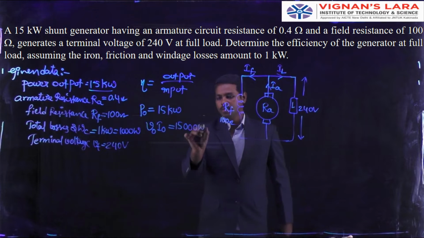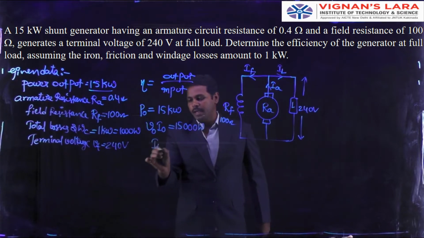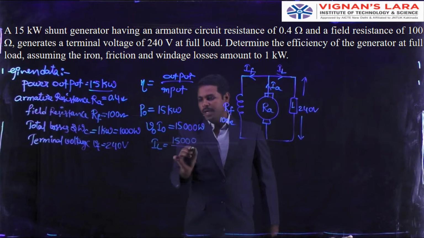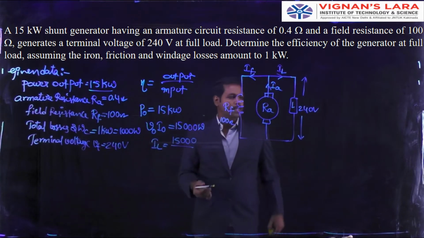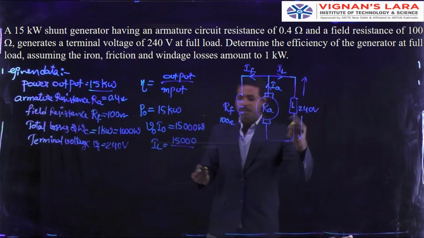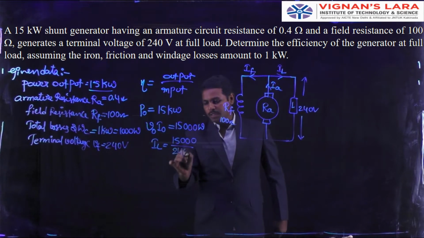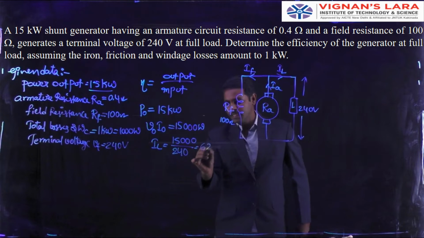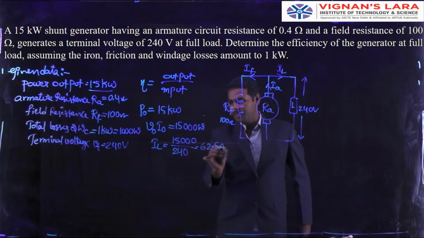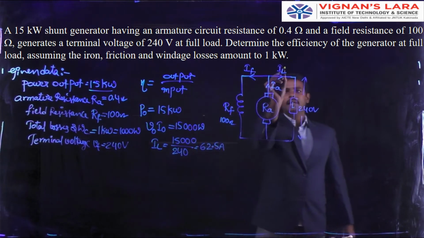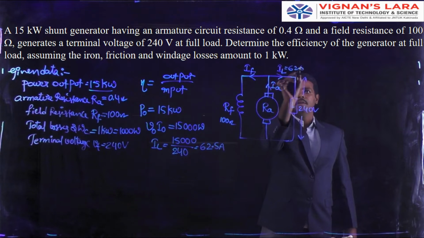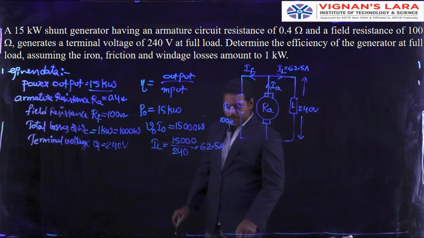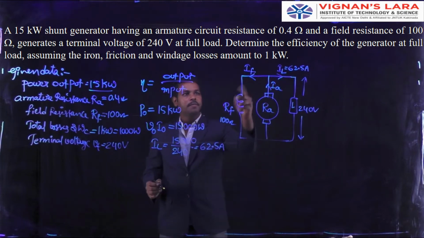So we can find the load current: IL is equal to 15,000 divided by V naught, where V naught is the output voltage of 240 volts. So 15,000 by 240 is equal to 62.5 amperes. The load current is 62.5 amperes.